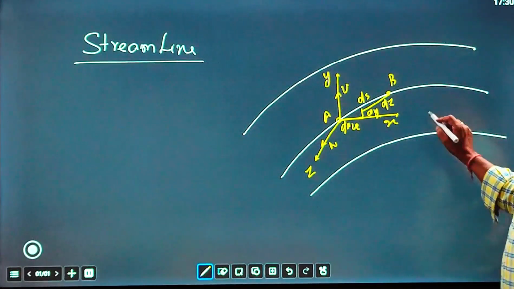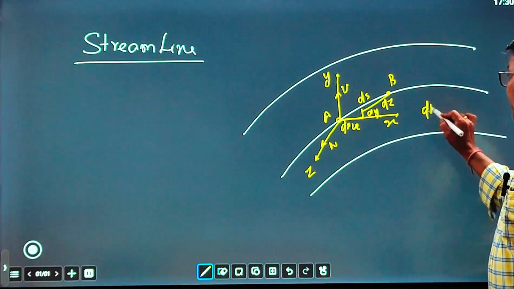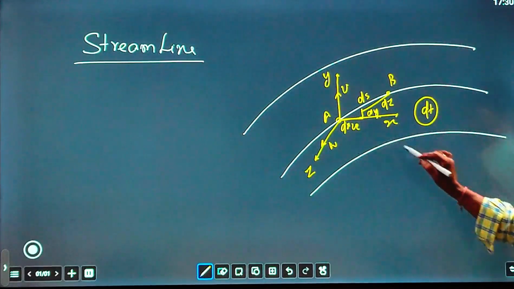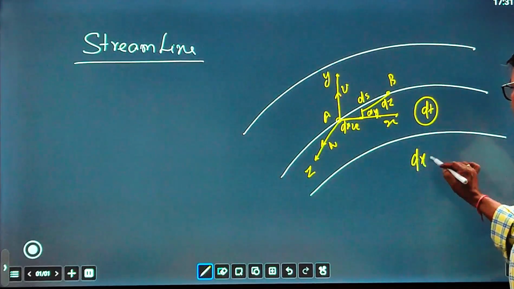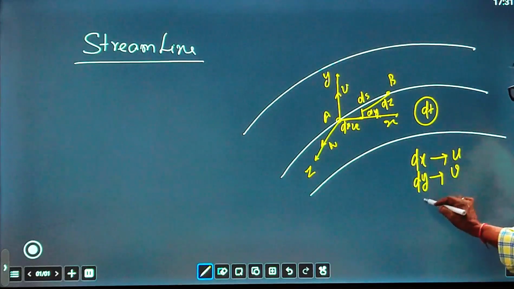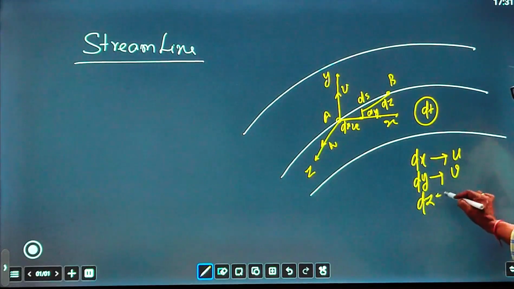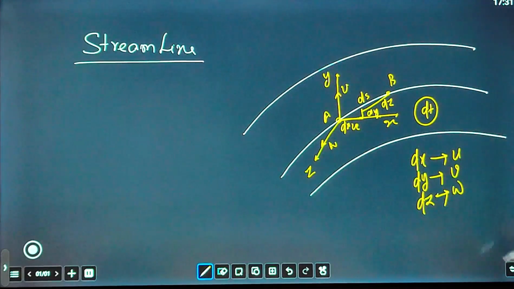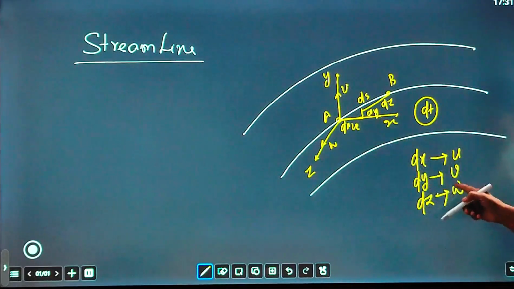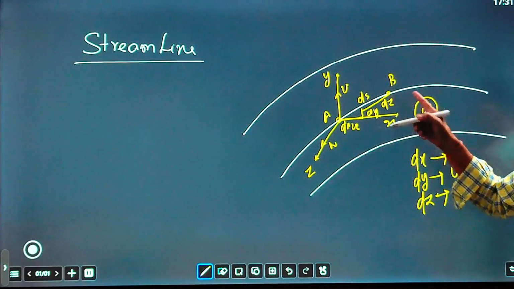This particle covers distance dx with velocity u, dy with velocity v, and dz with velocity w.